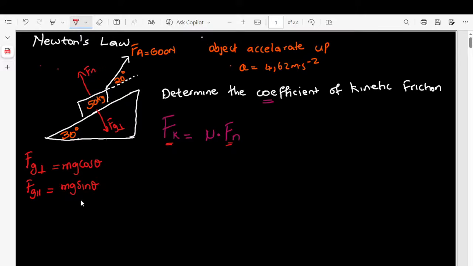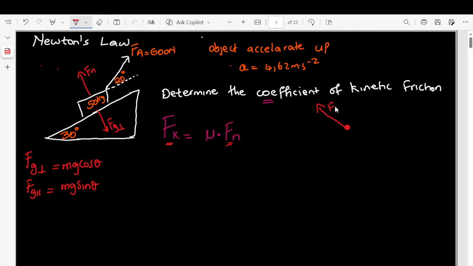Okay, so now we know that the normal force, if we draw a free body diagram indicating my vertical forces, look at this. I'll have the normal force going up.